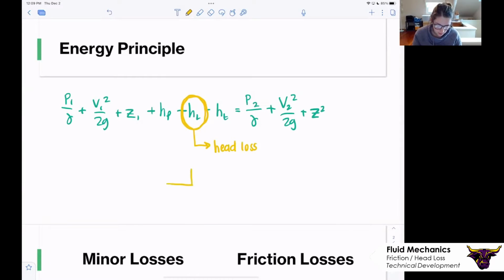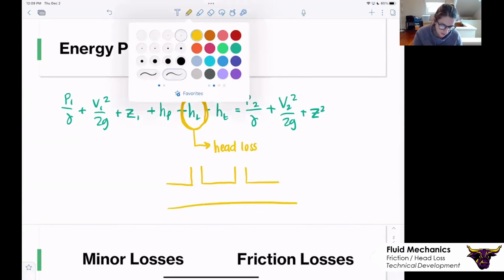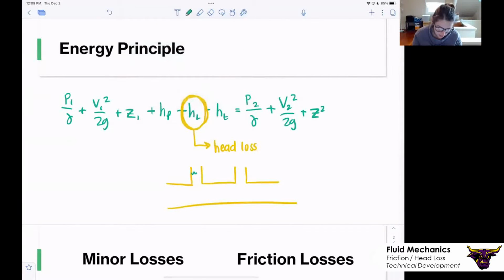Remember, if we look at a pipe where we are measuring just simply the static pressure of a system, in this case, the fluid line here would be here. As we go down the pipe, even if there's nothing else in the way, we are going to lose pressure. That's what we're looking at, is this head loss in between height 1 and height 2.